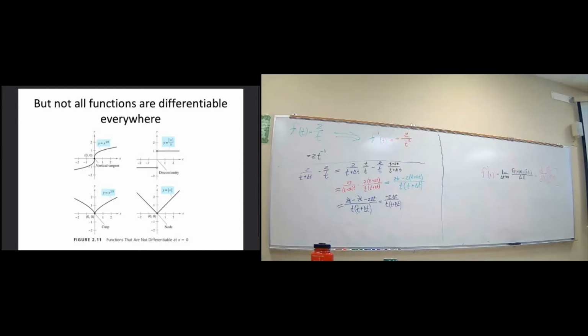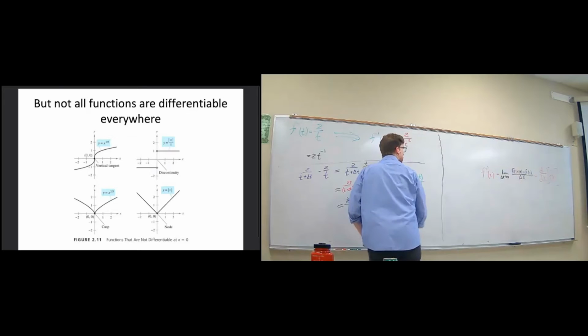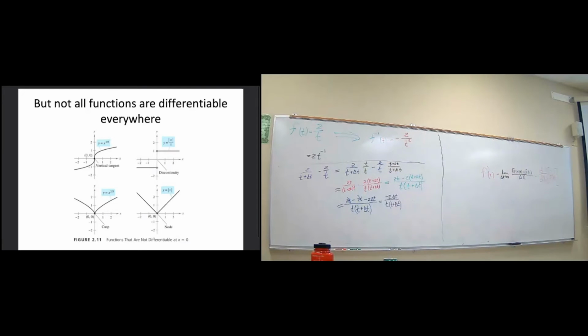Cusps. If we think about this, it's going to be a little bit more obvious here. Coming from the left, our tangent line should look like it's going to be more and more negative, right? Negative, but increasing to infinity. Coming from the right, our slope should be positive, but increasing to infinity. So coming from the right is going to give us a positive slope approaching infinity.